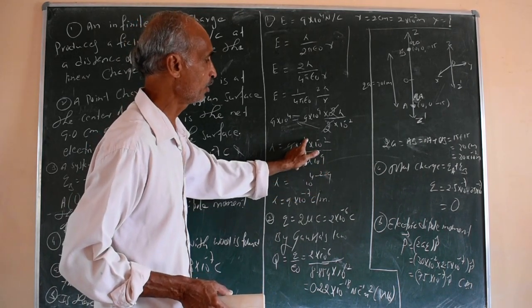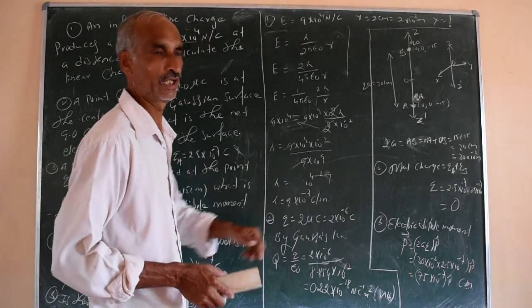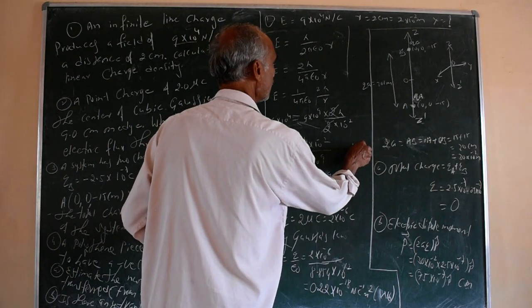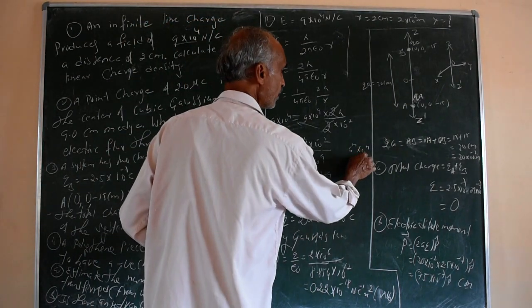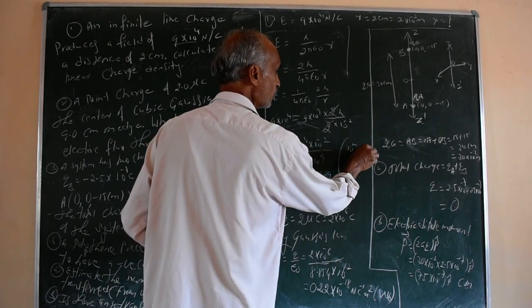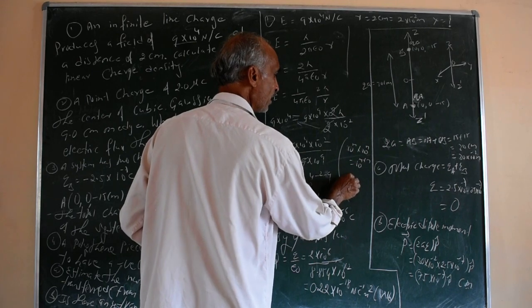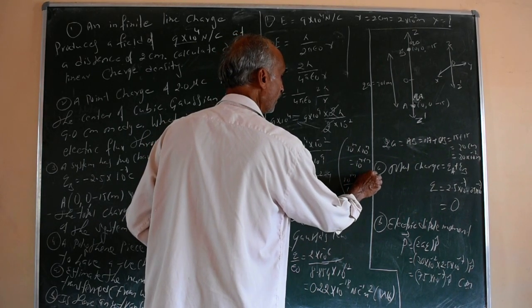And a raised to m upon a raised to n is a raised to m minus n, therefore minus 9. Here m and n may be positive or negative numbers. Likewise, 10 raised to m upon 10 raised to n equals 10 raised to m minus n.